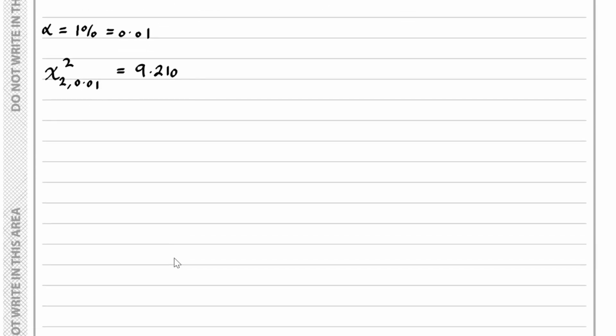Drawing a quick diagram to illustrate this, we have our critical value over here. This shaded region is where we reject H0, and here is where we accept H0. Our critical value is 9.210.